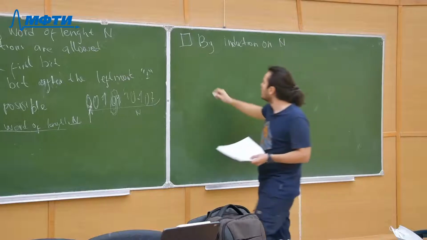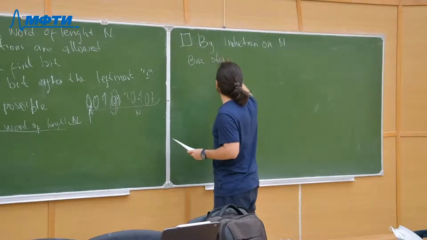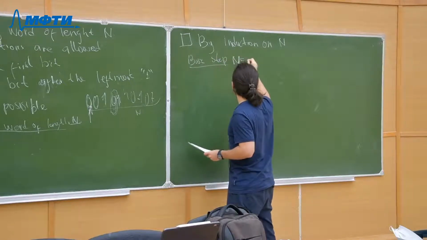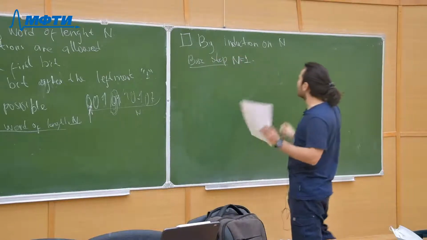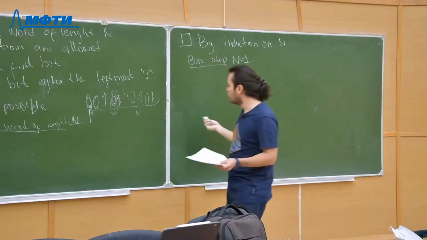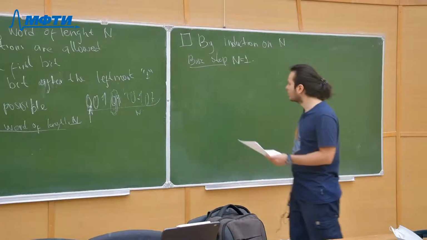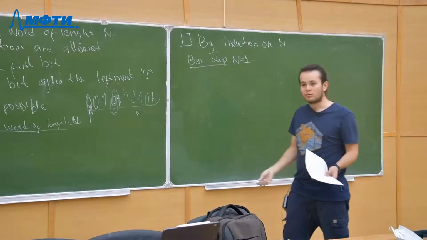So let's take, so the basic step is n equals 1, because that's the smallest n we can have, just 1. And then this holds, right?